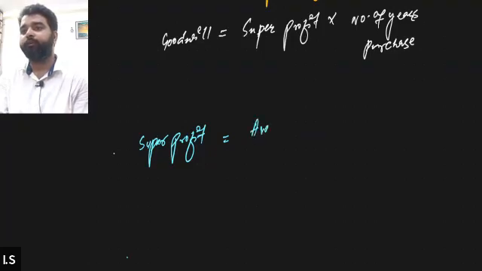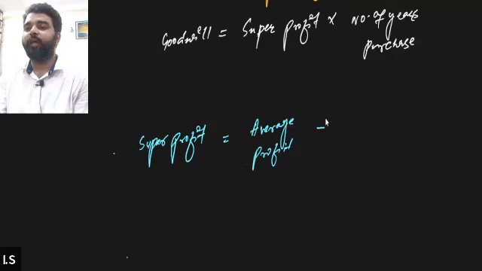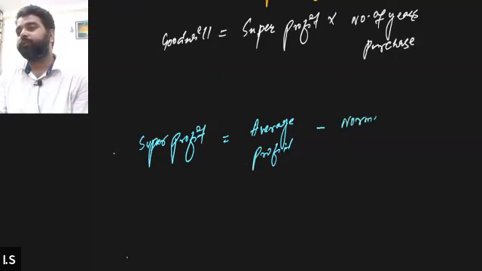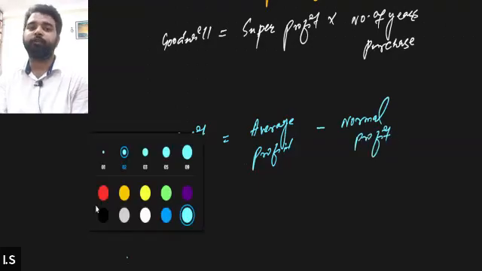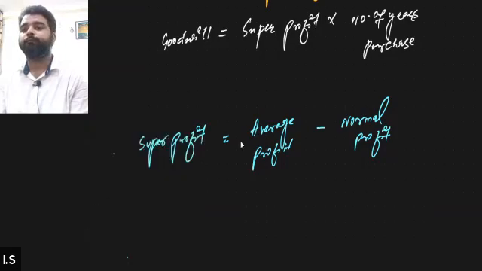So the average profit of the firm, and out of the average profit, we will subtract the normal profit of the industry. This is how we will be calculating the super profit.